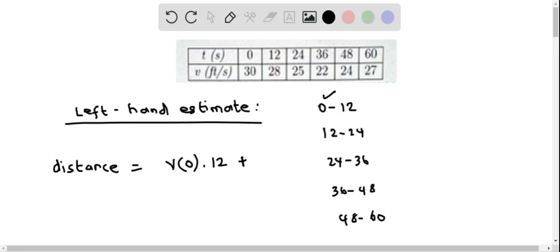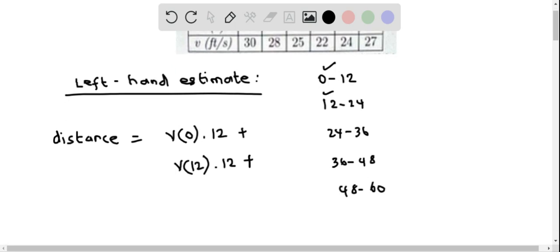And then for the second rectangle, we use the left endpoint, so we have to find v of 12 times the width of the rectangle, which is 12. And likewise we do so for the other three rectangles.